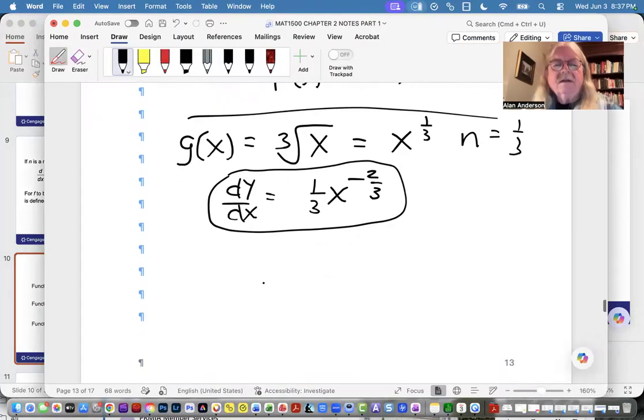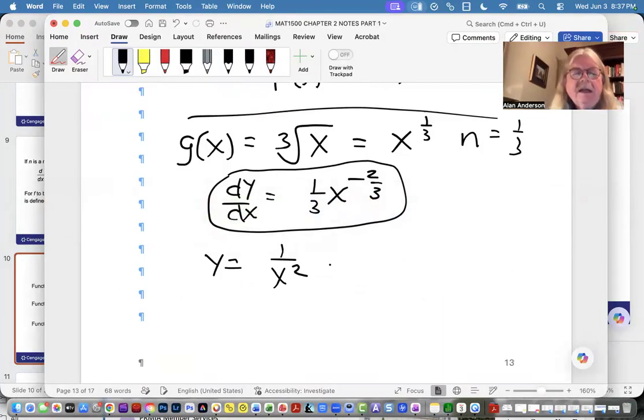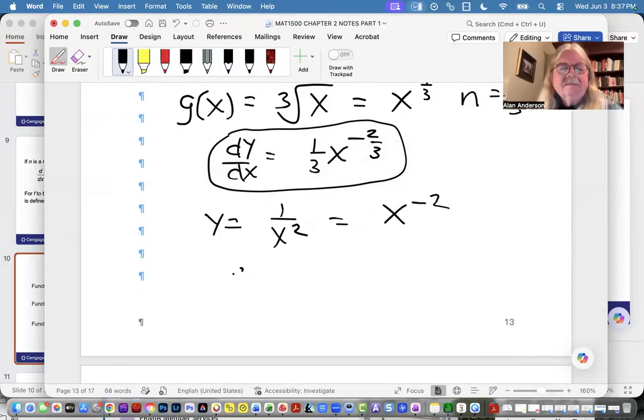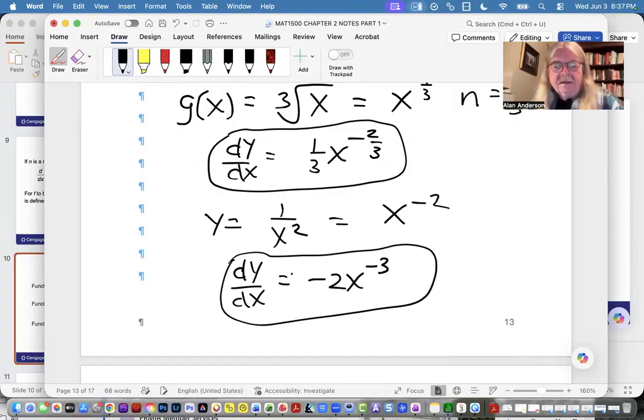And how about this one? 1 over x squared. And so what they're going to do is have us rewrite this as x to the minus 2 power. Oh, that's right. Okay, so when you subtract 1 from negative 2, of course, it becomes negative 3. How do you like that?